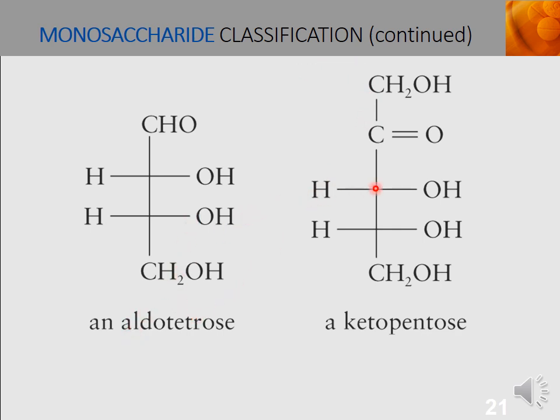Here is an aldehydic functional group, so this is an aldotetrose, and this is a ketopentose. This is a ketopentose because the functional group here is a carbonyl ketone, while here the functional group is an aldehyde. So this is an aldotetrose, and this is a ketopentose.